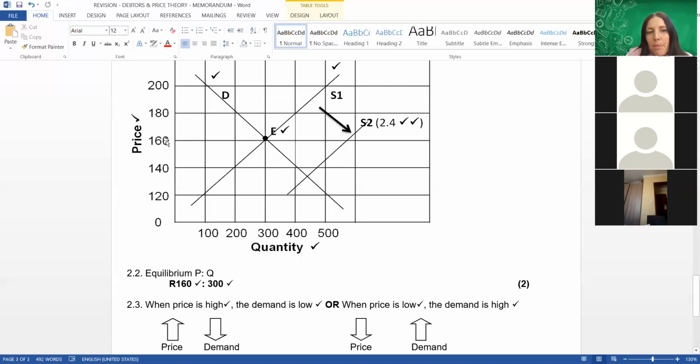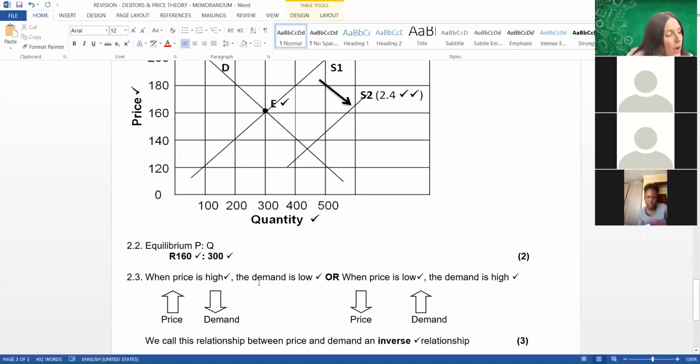The equilibrium price is 160 rand, and the equilibrium quantity is 300. Right, so then 2 marks there each. 2.3, they asked, define the law of demand, and what do we call this kind of relationship that exists between price and demand?